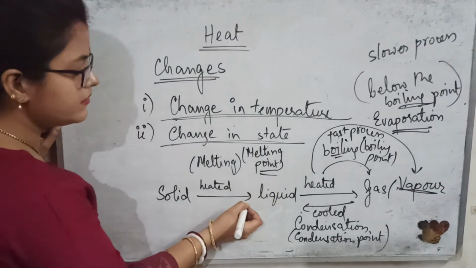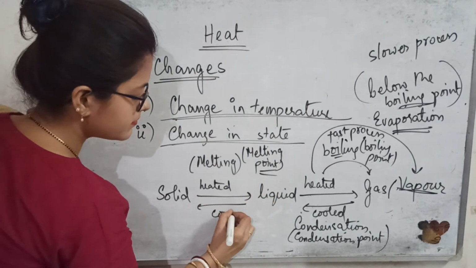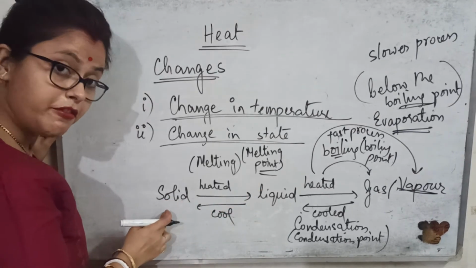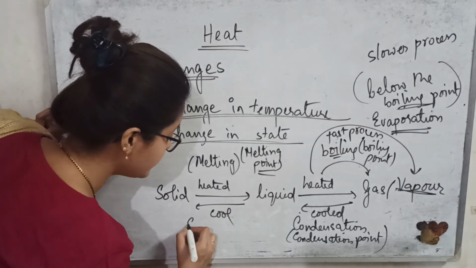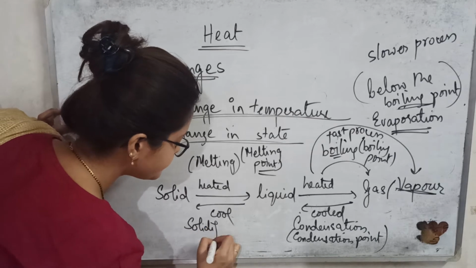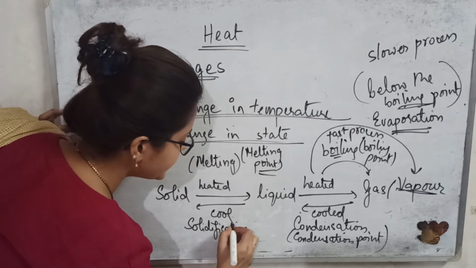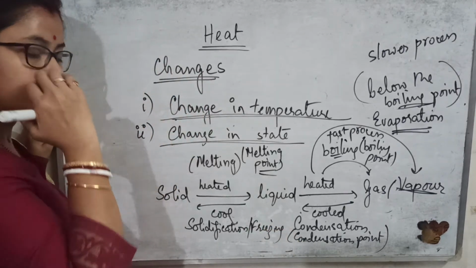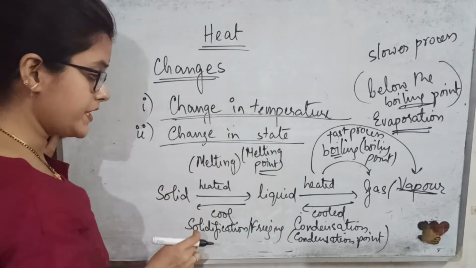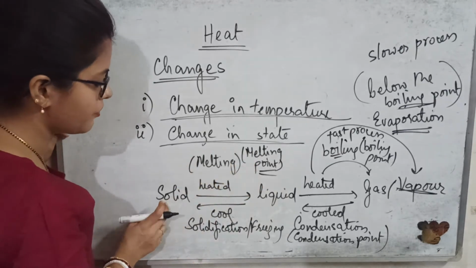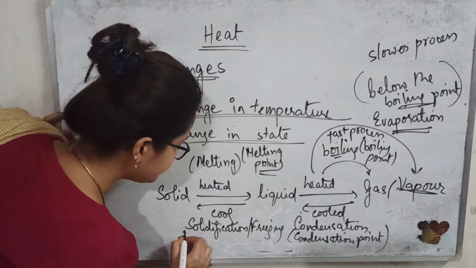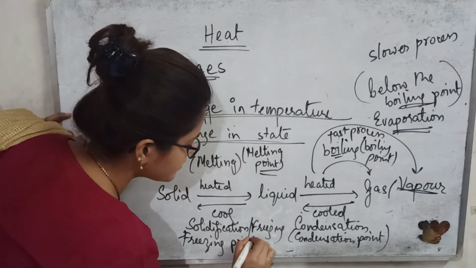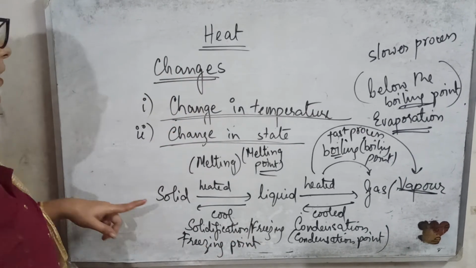Now, if you again cool the liquid, then the liquid will change into its solid form, and that process is called solidification or freezing. And the fixed temperature at which the liquid form will change into its solid form is called the freezing point.